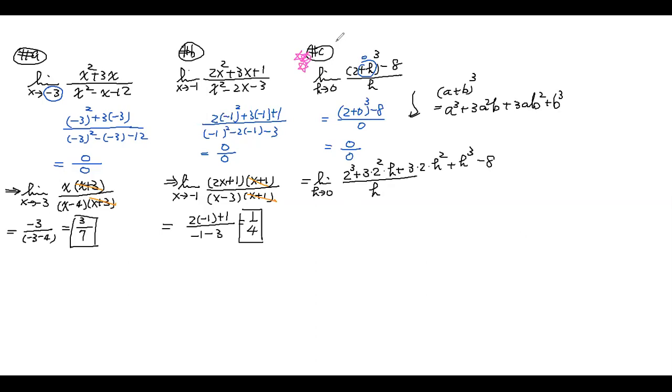Okay, so now let's see, can we cancel anything? Well, yes, 2 to the third is 8, minus 8, it cancels.